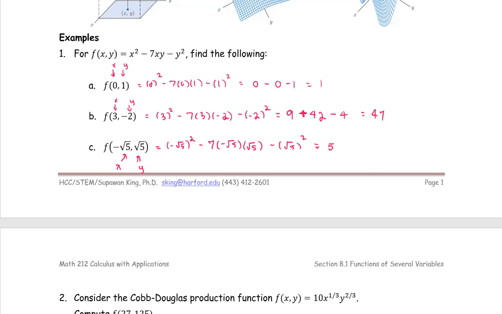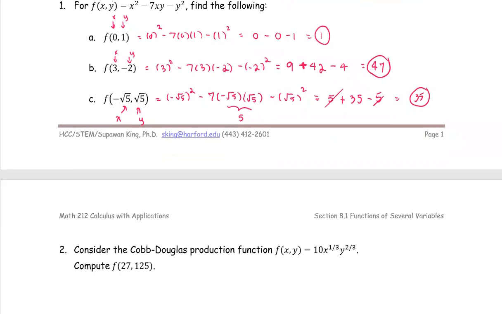The next term, negative times negative becomes positive: square root 5 times square root 5 is 5, and 5 times 7 is 35. And then the last one is negative 5. So the answer comes up to be 35. Just the same routine as when you evaluate any function: you replace the right number in the right spot.